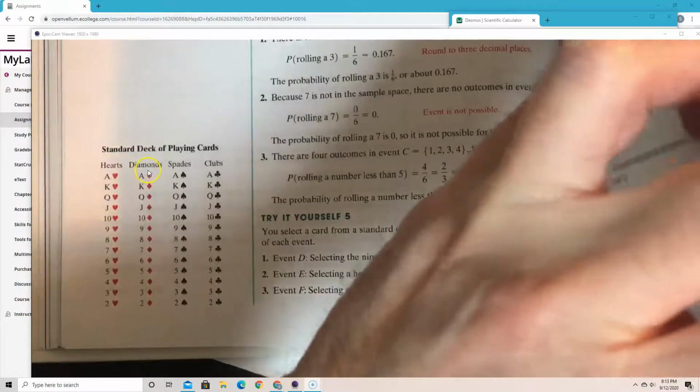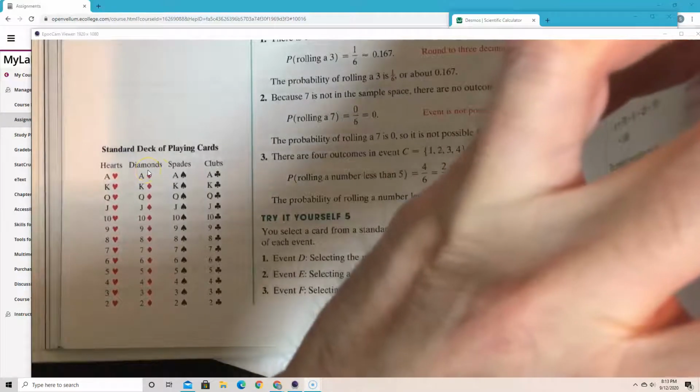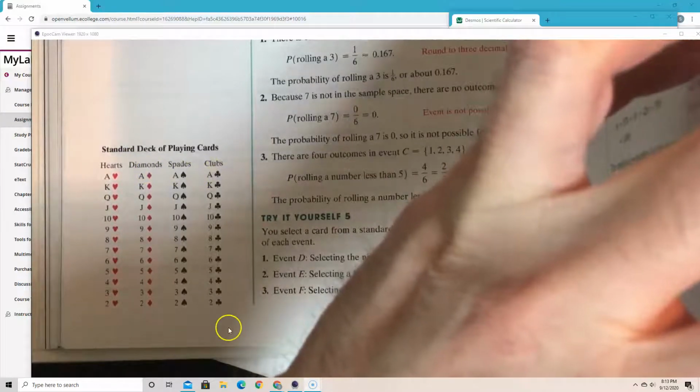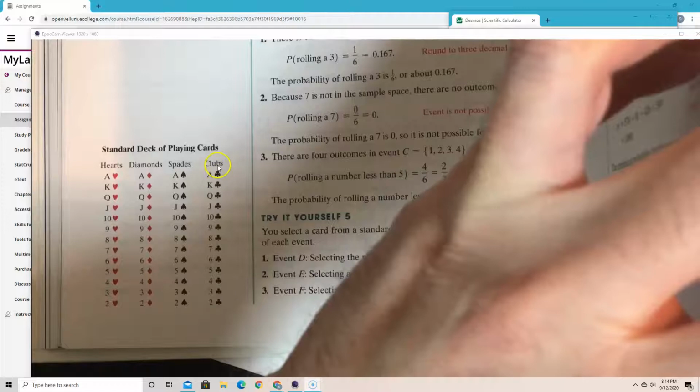So half of the cards are red suits and the other half are black suits. These are called spades. I guess it kind of has the shape of a shovel, sort of. Spade. Clubs. I'm not sure. Clover. I don't know where the club came from. I'm sure there's a reason.